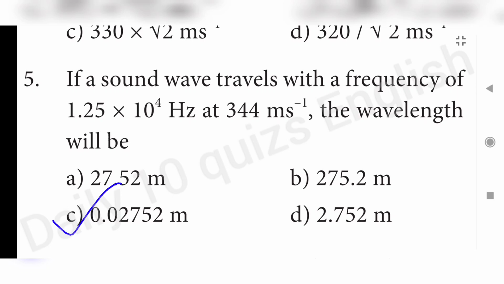So wavelength is V by N, that is equal to 344 by 1.25 into 10 to the power of 4, where we get 0.02752.